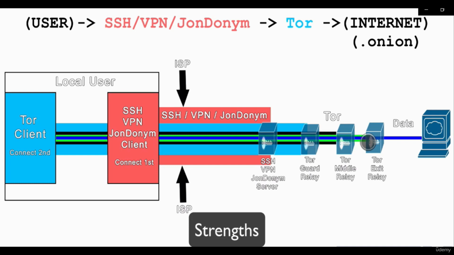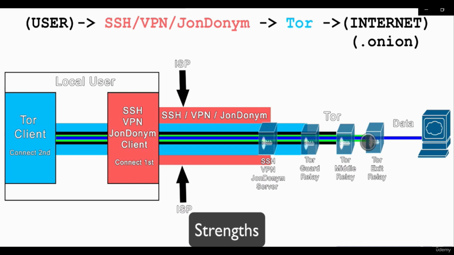This is how an ISP helps a local user gain data using Tor through an SSH VPN or Jondonym server, or a Tor guard relay, Tor middle relay, and Tor exit relay.